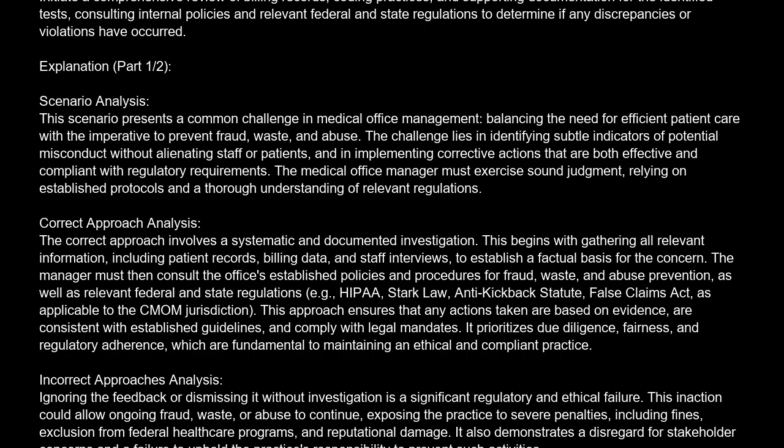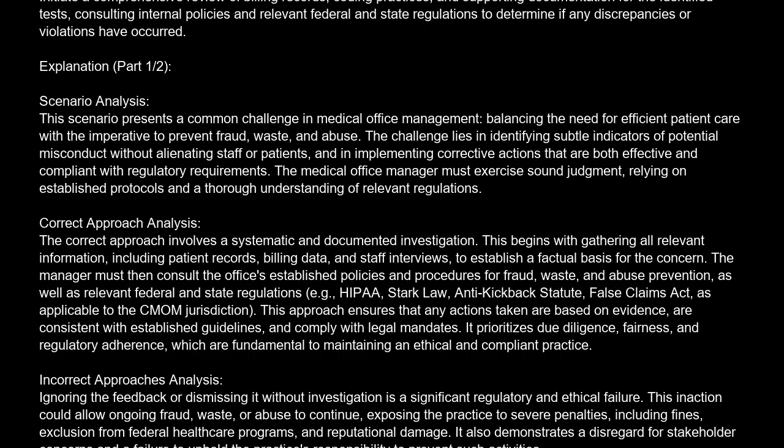Correct approach analysis. The correct approach involves a systematic and documented investigation. This begins with gathering all relevant information, including patient records, billing data, and staff interviews, to establish a factual basis for the concern. The manager must then consult the office's established policies and procedures for fraud, waste, and abuse prevention, as well as relevant federal and state regulations, e.g., HIPAA, Stark Law, Anti-Kickback Statute, False Claims Act, as applicable to the CMOM jurisdiction.